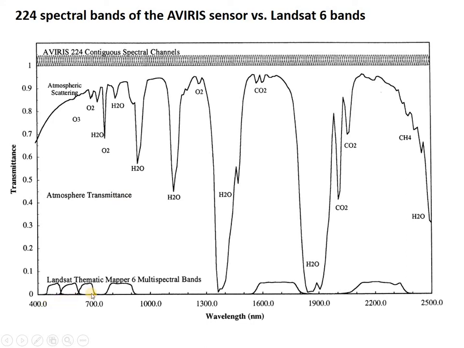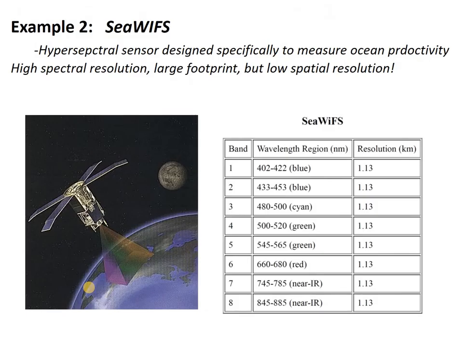And for comparison, this figure shows the Landsat 6 bands. So here's blue, green, red, and near infrared. You see how much wider those are. The red band on Landsat 6 probably includes 10 AVIRIS bands or more. So that's an example of a hyperspectral sensor that has both very high spectral and spatial resolution.